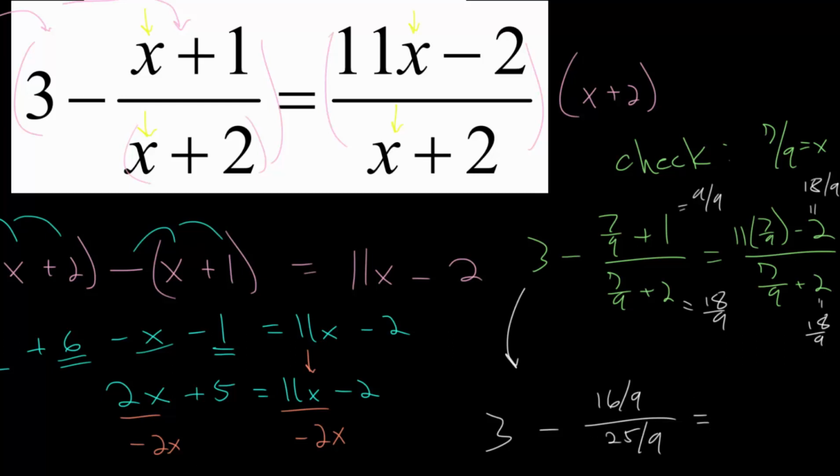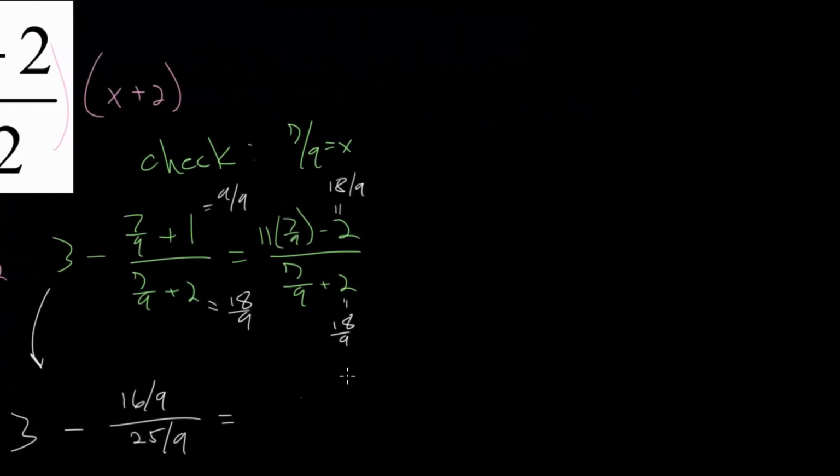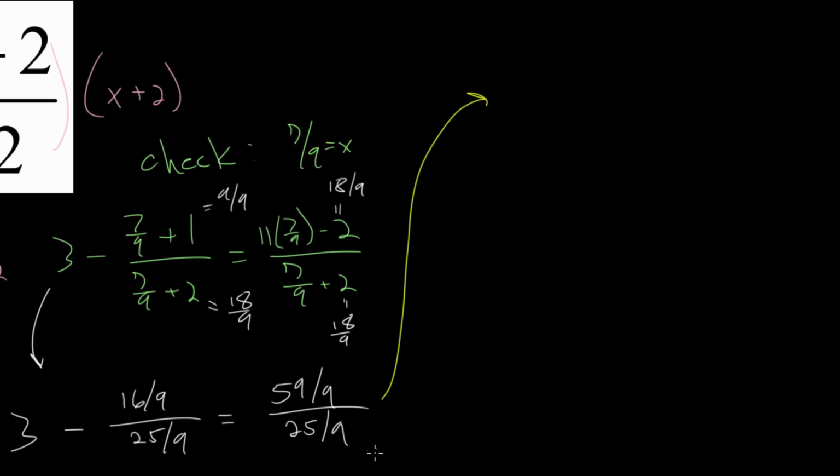And then let me make more room here. This will be equal to the right-hand side, or it should be equal to. We do 11 times 7, that's 77 over 9, and we're subtracting 18 over 9, so that we get 59 over 9 in the numerator, and in the denominator, 7 ninths plus 18 ninths, we already know is 25 ninths. If we continue working up here, we can notice that these 9s would cancel out, the division by 9 in both the numerator and denominator in both of these fractions.